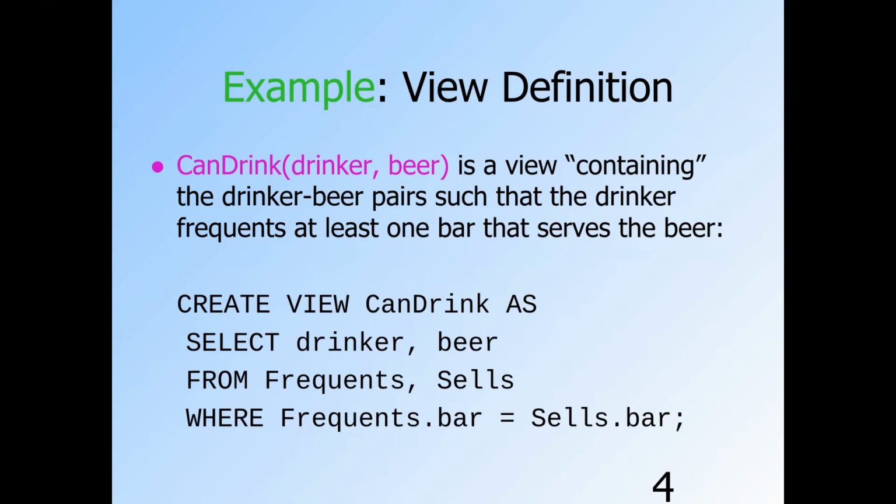Now, I define a view called restricted employee, which selects the name, the personnel number, and the department, but not the salary of the employee. So this might be a view that we allow certain people in the organization to look at, where we don't want them to see the salary of other people.